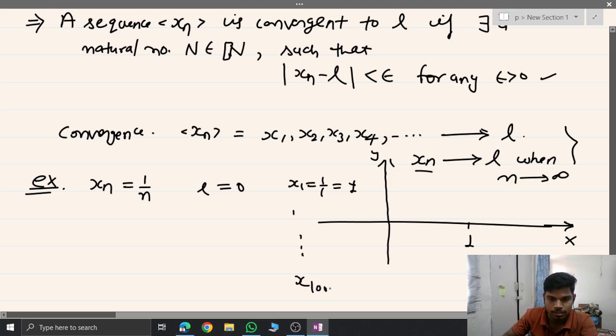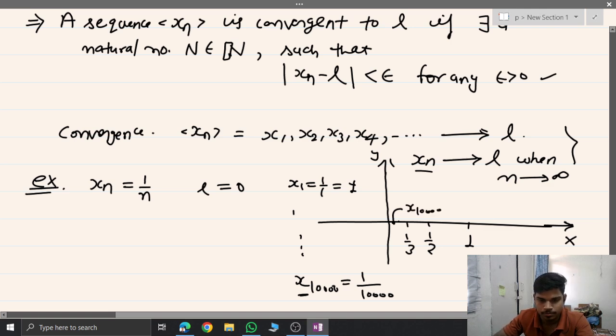What I was saying is, suppose the thousandth term is 1 upon 1000, here is a number. This was 1 by 2, this is 1 by 3, and if you draw these terms, they are very near to 0, like this is your xn, x10,000. So when you go to infinity, xn is going towards 0.